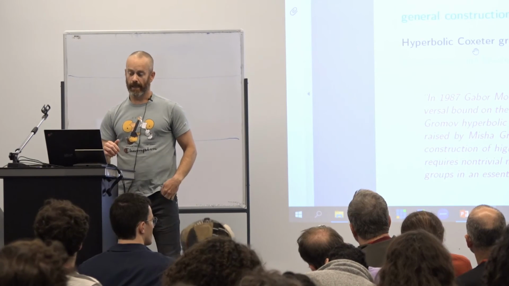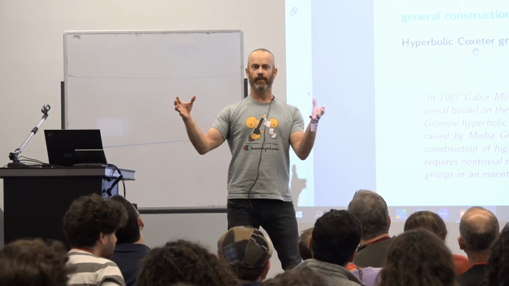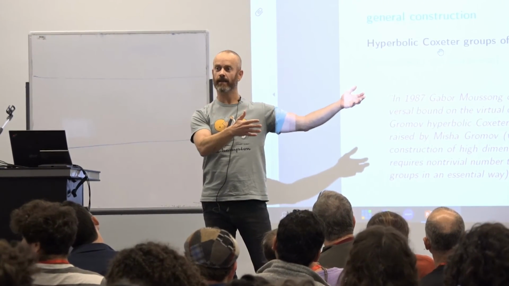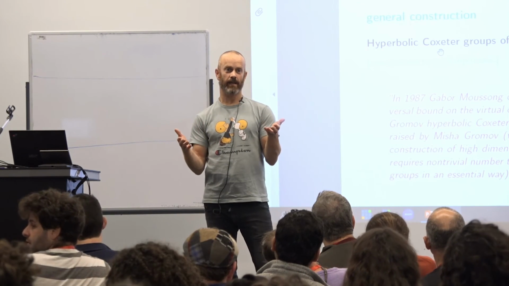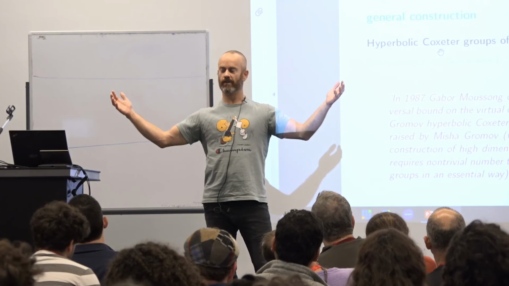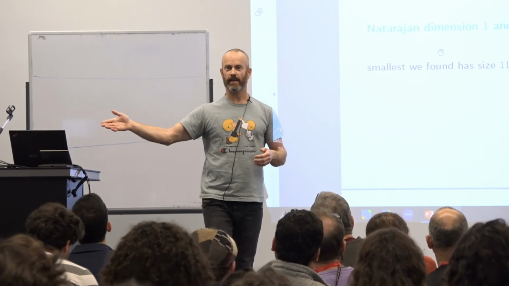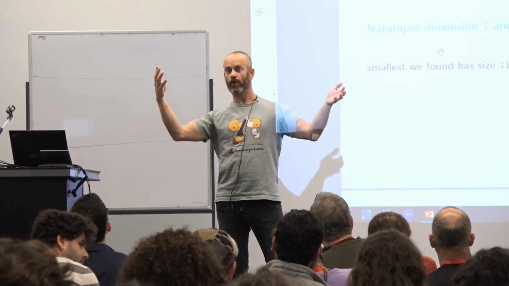Another related thing is that this simplicial complex has a dual object, which is a Cayley graph, a simple graph with some number of vertices. In this case, it is a Cayley graph with 100,000 vertices, and the degree is 4.